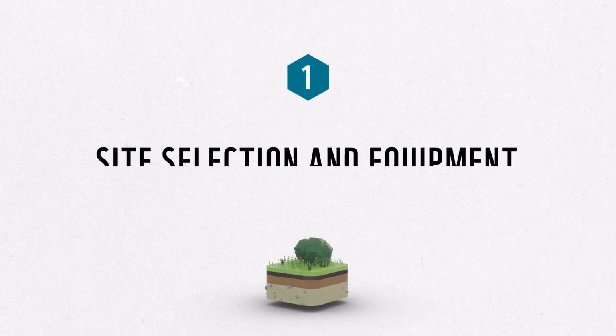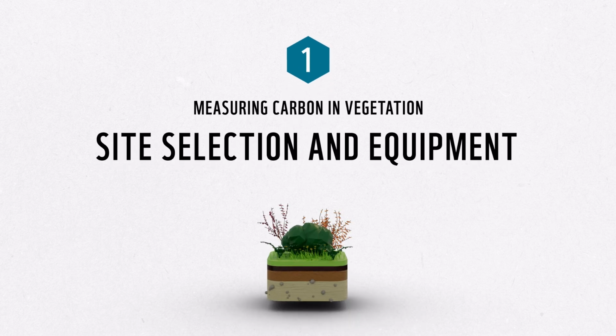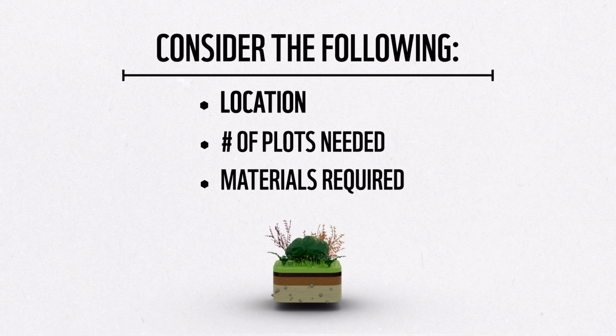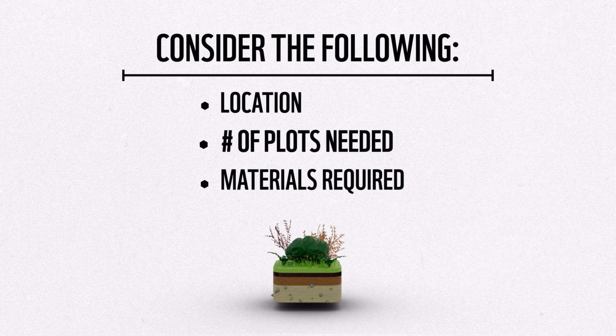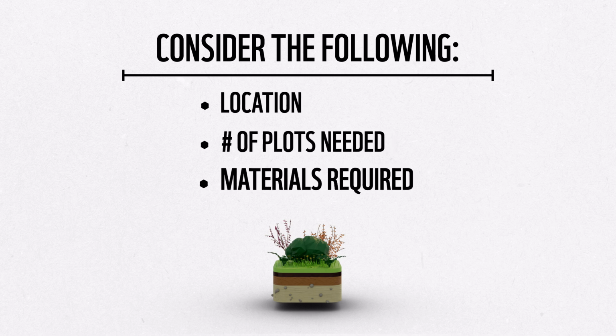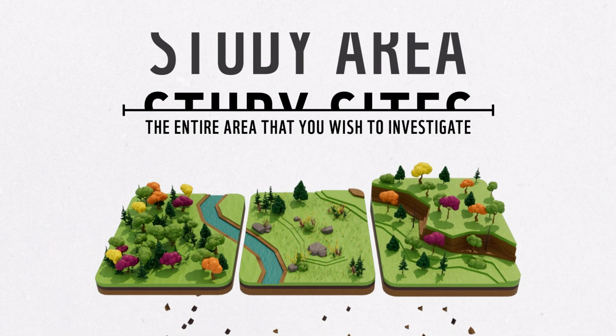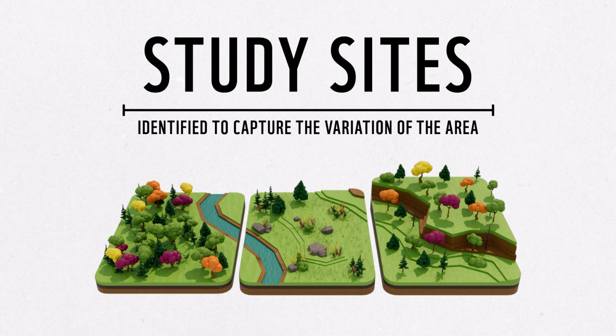Before sampling any vegetation, it is important to think about site selection. For example, where the plots are to be set up, how many are needed, and what materials are required. Your study area encompasses the entire area that you wish to investigate. Within this large area, specific smaller study sites are identified to capture the variation of the area.